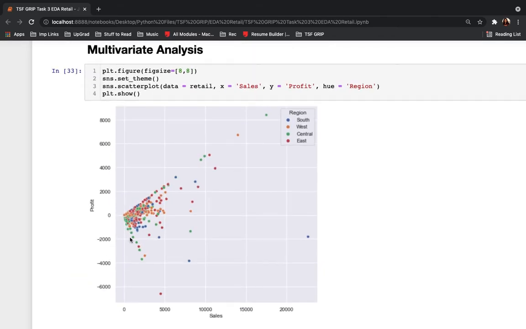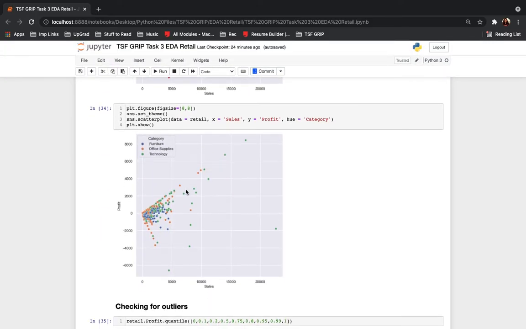So you can see that there is a lot of central area that shows up below the zero line, or in the negative quadrants. Central and southern regions seem to be more prominent here, and the east and west regions seem to be more prominent in the profit making area.